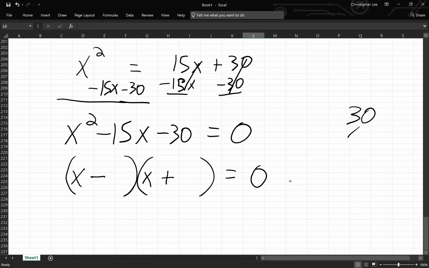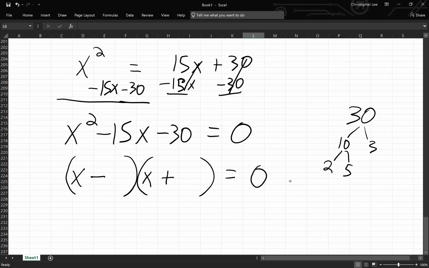Let's see, if we have 30, this is 10 and 3, 2 and 5. And that's 11. Guess it can't be done yet.